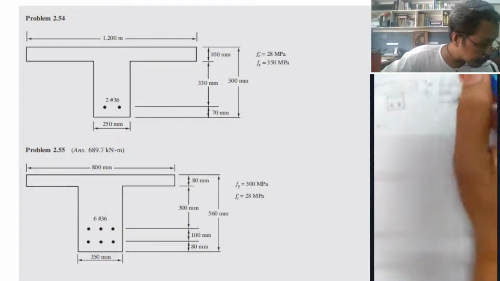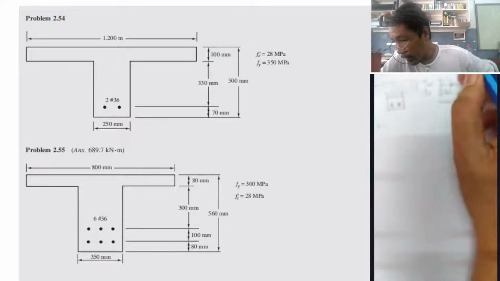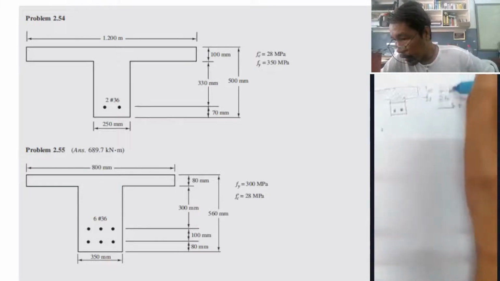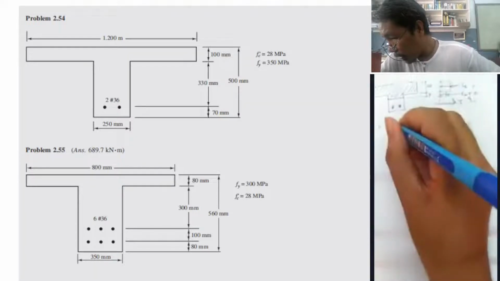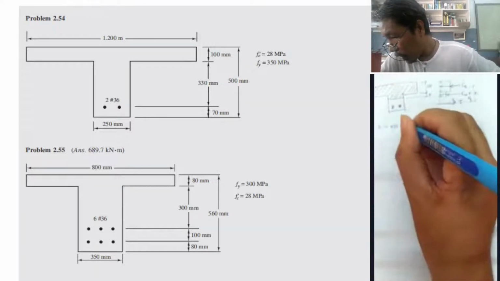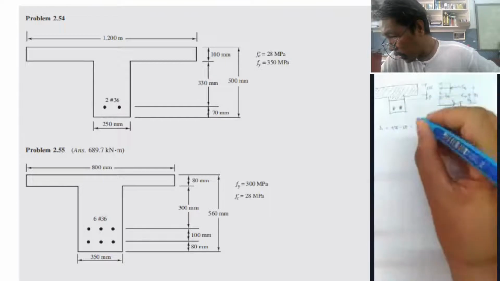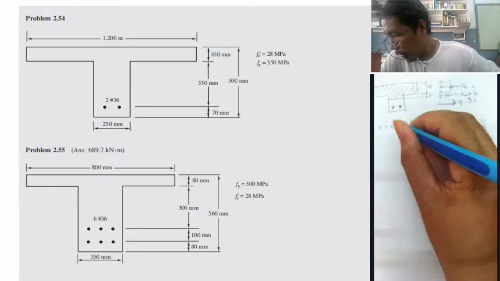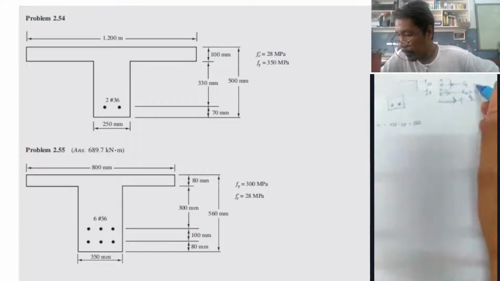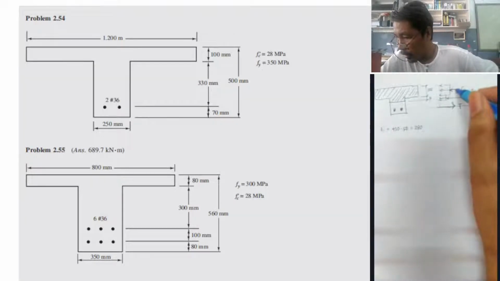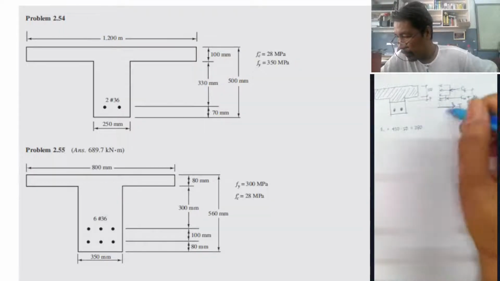So it is 430 minus 50, therefore C1 is 380, in the middle of the flange. So 430 minus 50 is 380.